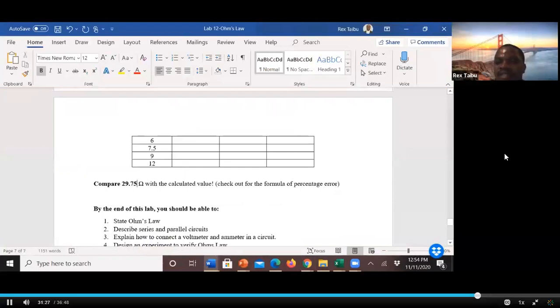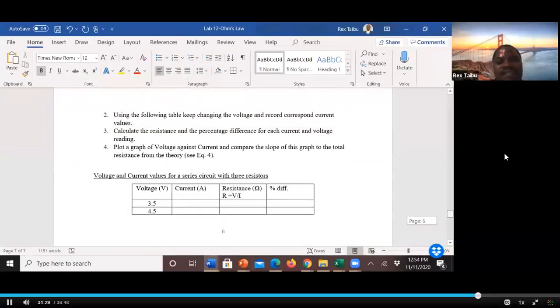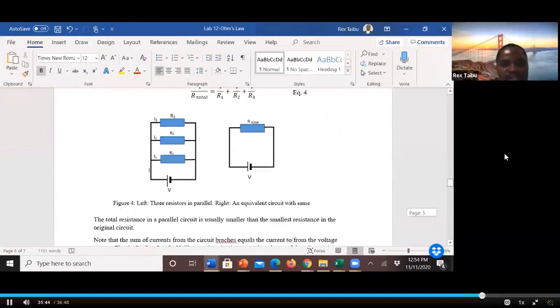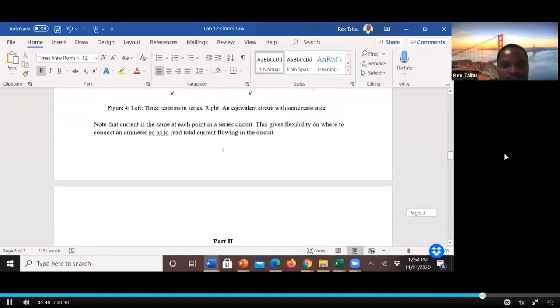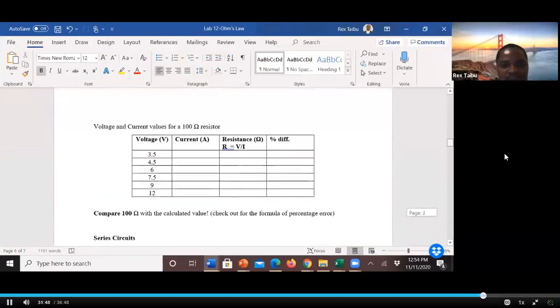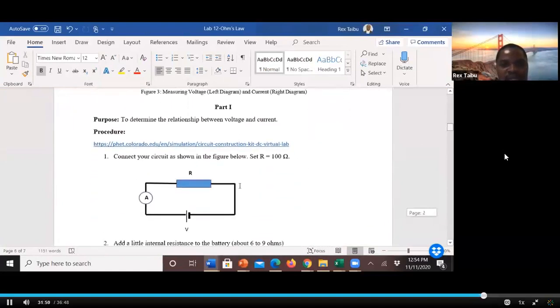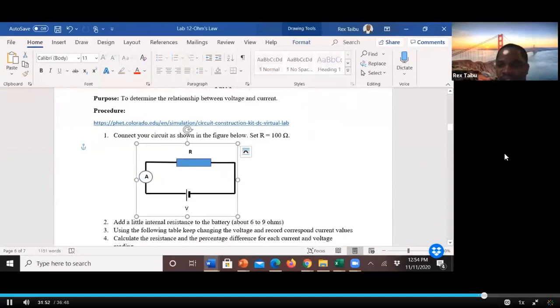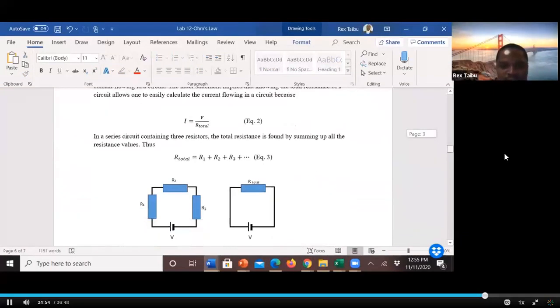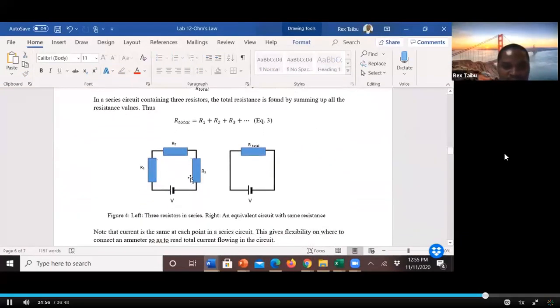All right. So basically, we are just exploring Ohm's law, which says that voltage is directly proportional to current, or voltage equals the total resistance R times I. The total resistance for the basic circuit is just 1. In the first circuit, you only have 1 resistor. In the second part, you have 3 resistors.